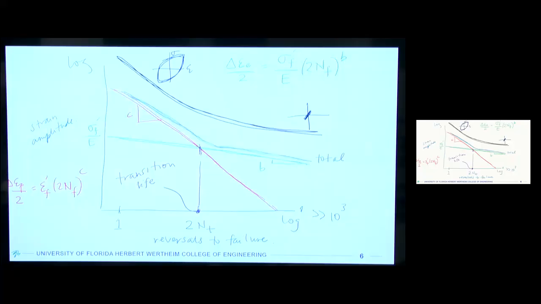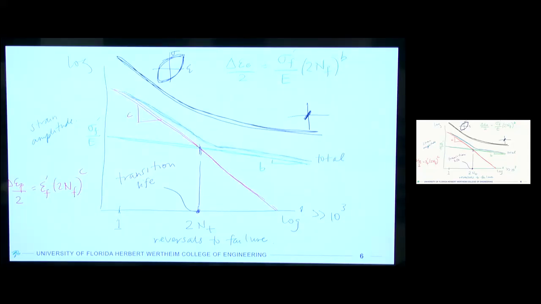Is it going to be very low, where we care more about the strain and the ductility, or is it going to go into this higher cycle regime, which is still more elastic, and now tougher materials would be better? So this gives us sort of a design criterion.